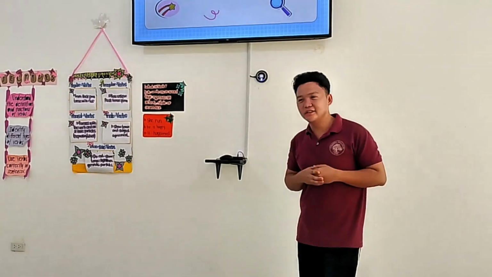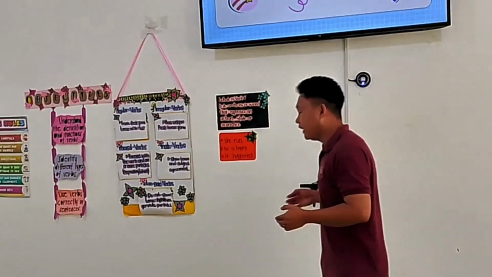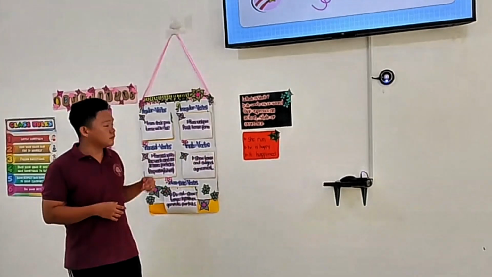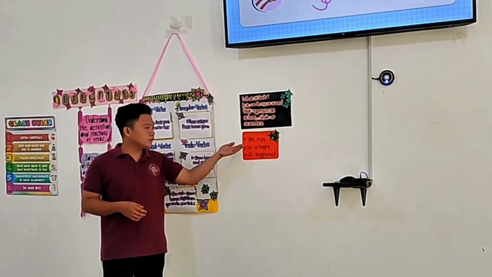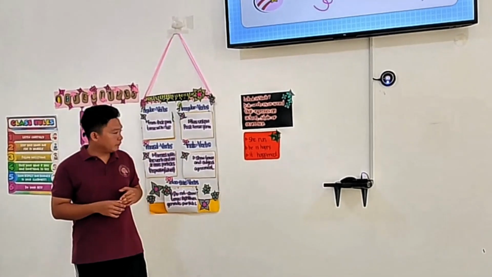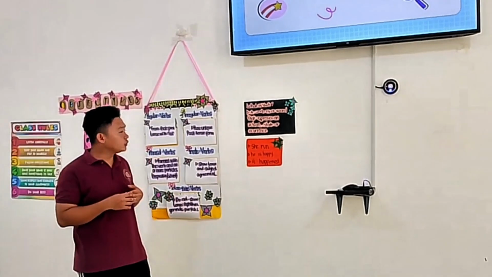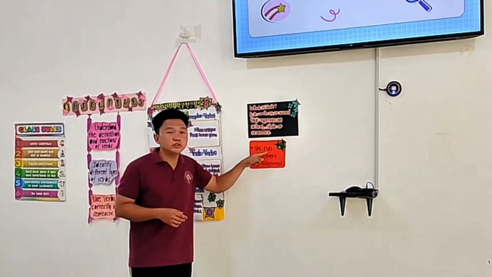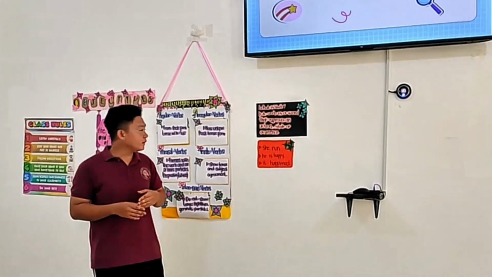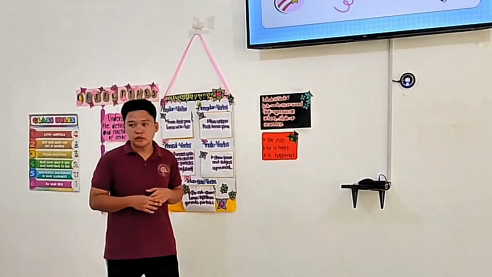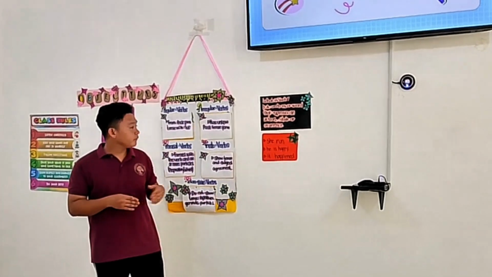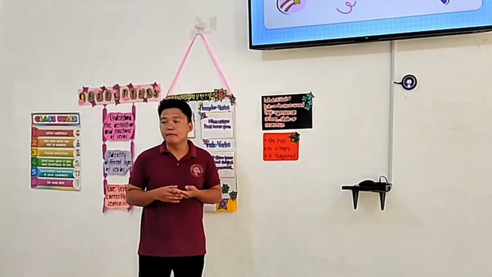Thank you so much. In this sentence, what type of verb is used? The first sentence uses an action verb because the action verb is run and the subject is she. The second sentence is "He is happy."